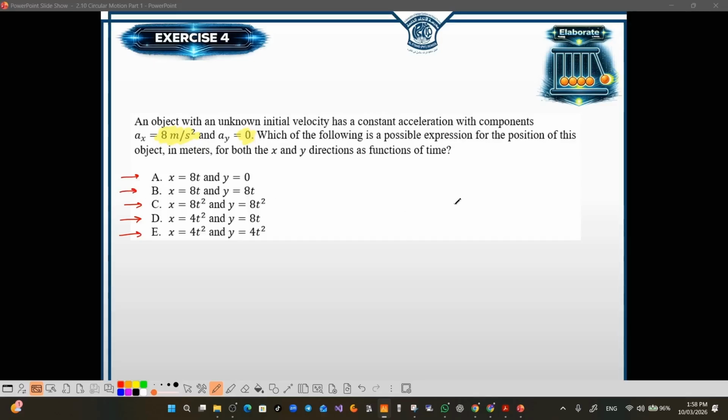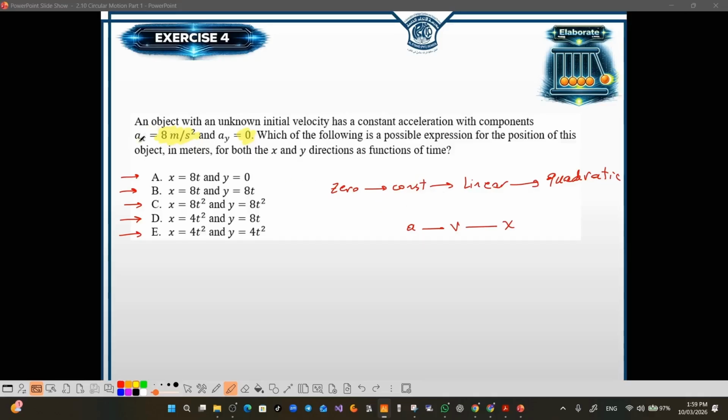The easiest way to do that is by using our trick: the 0, the constant, then the linear, then the quadratic. We just need to match a, v, and x to one of these, and we can track what the velocity and the position will be.